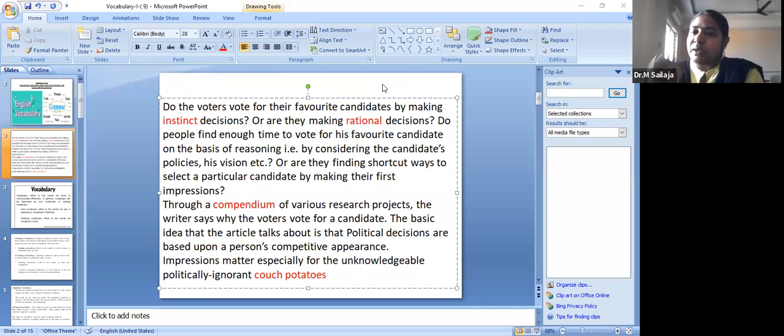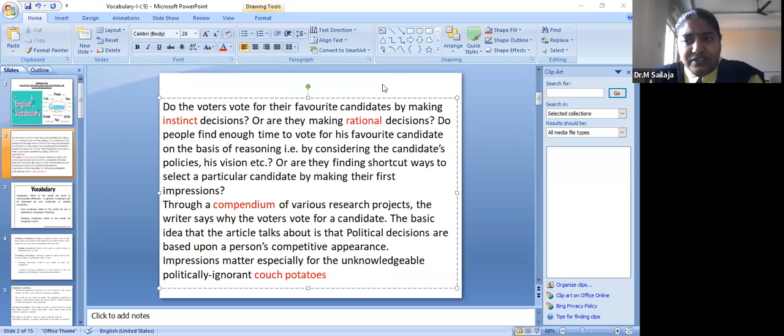Fixing on something like that is called rational decisions, right? After a lot of research, some people may believe that yes, this is right, this is wrong, but some people, without doing any research, sometimes believe something very blindly. The first cadre comes under rational decisions. The next cadre comes under instinct decisions.